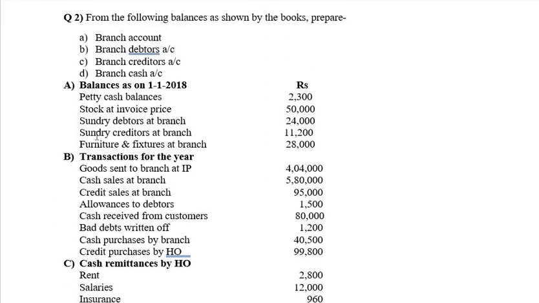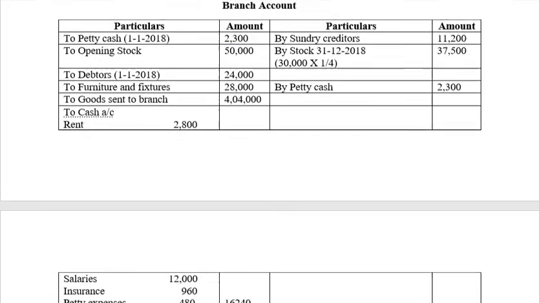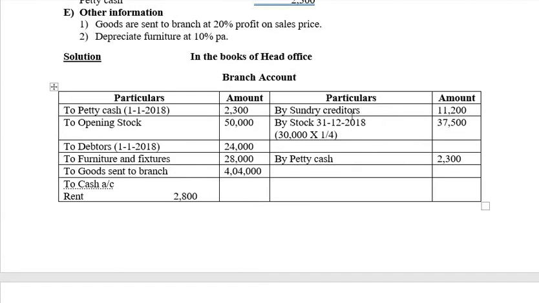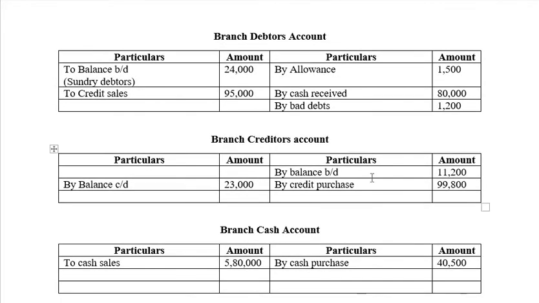After debtors we have creditors, sundry creditors at branch. Same way you will have two entries for this. Like the double entry for sundry debtors, similarly you will have double entry for creditors as well. One entry will be in the sundry creditors account, the second entry will be in the branch account. So in the branch account it will come to the credit side, that is by sundry creditors 11,200, and the second entry will be in the creditors account, by balance brought down 11,200.